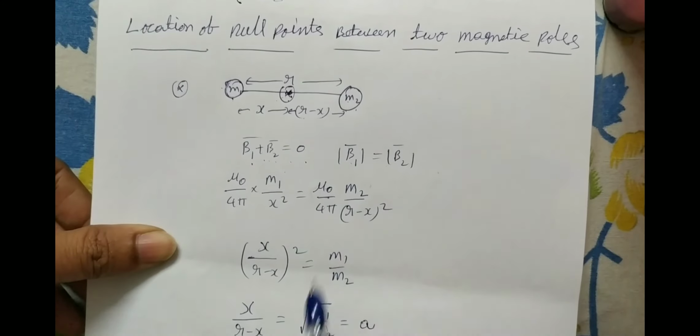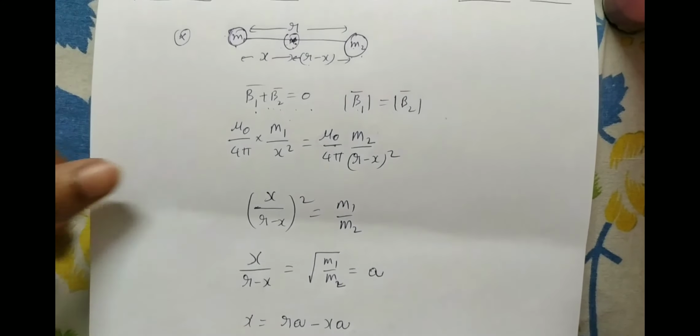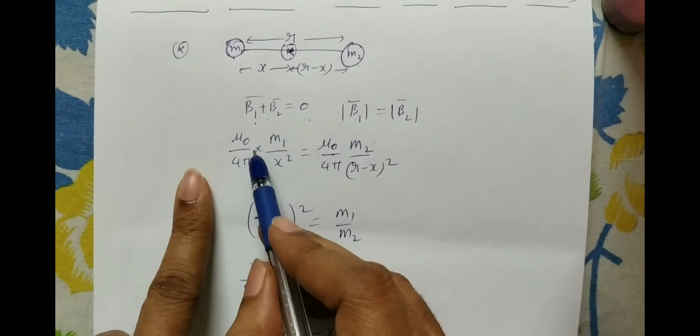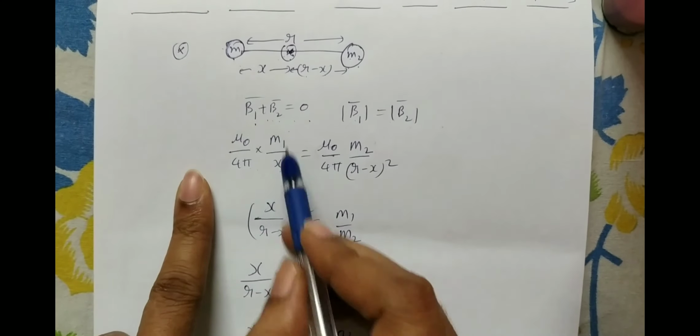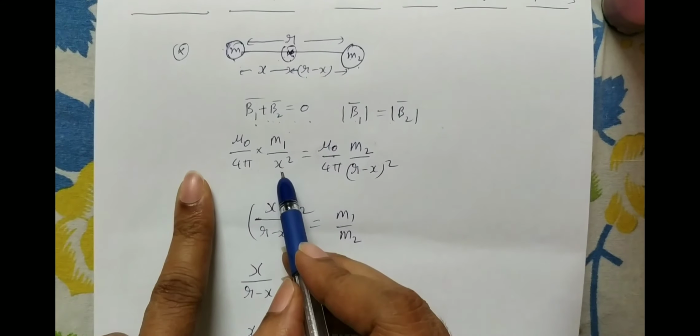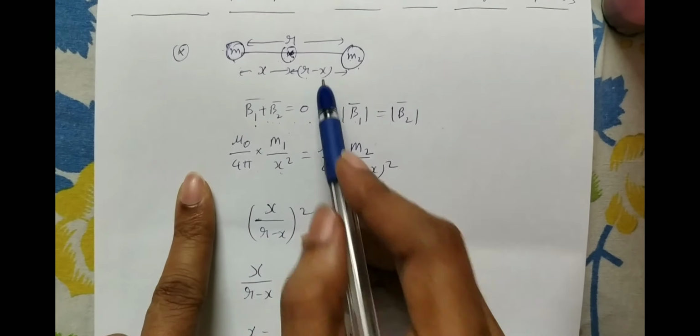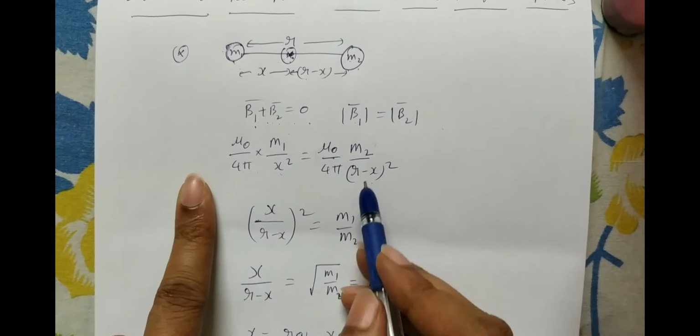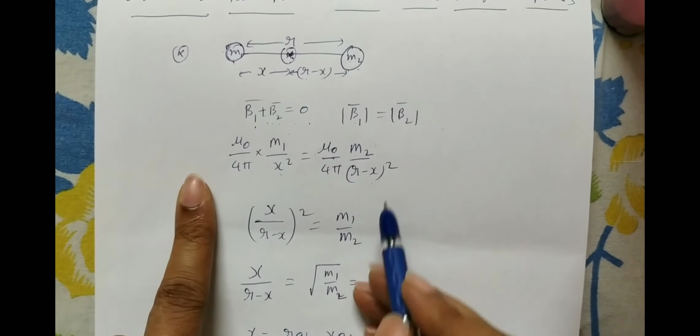So equate the magnitudes. What is the magnetic field induction due to the first pole? That is mu naught by 4 pi, M1 by x square, since the distance is x. For the other pole, the distance is r minus x, so you get M2 by r minus x whole square.